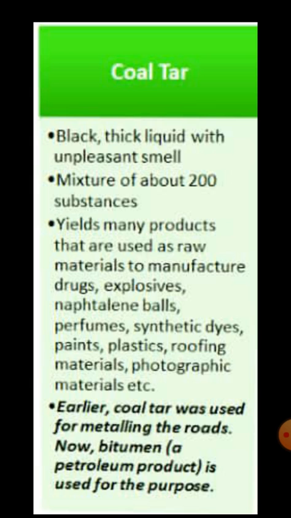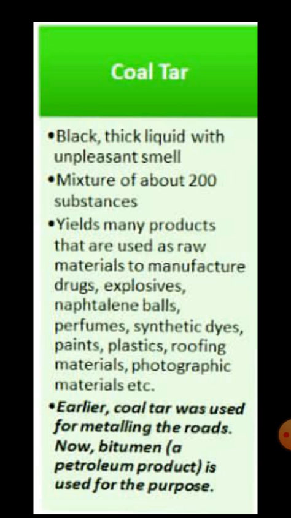There are many things that are made of these 200 substances obtained from coal tar. Actually, in earlier days, coal tar was used for metalling the roads, but these days it is replaced by a petroleum product known as bitumen.